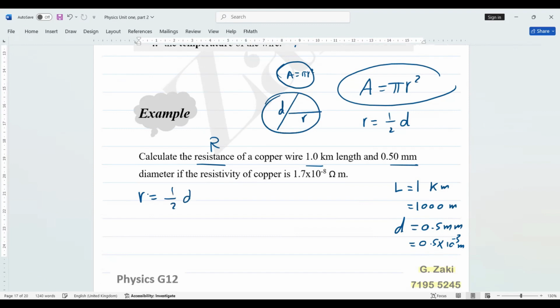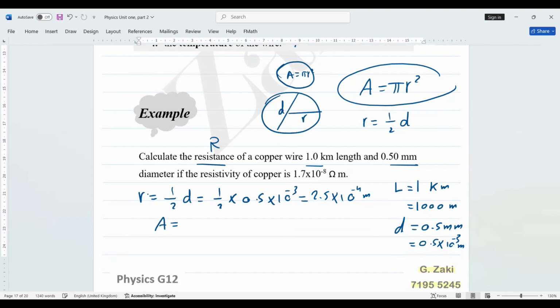It's half the diameter. So it's a half multiplied by 0.5 times 10 to the power negative 3. We calculate r, the radius, not resistance. Resistance is denoted by capital R. So it is 0.5 times 0.5 times 10 to the power negative 3. So the answer is 2.5 times 10 to the power negative 4 meter.